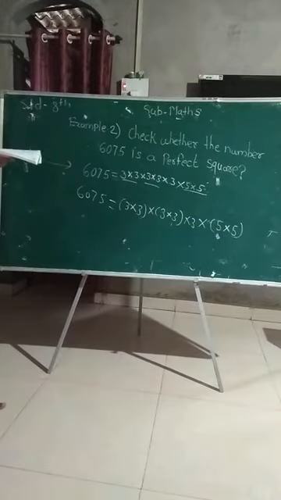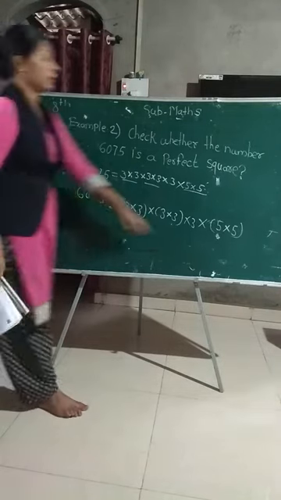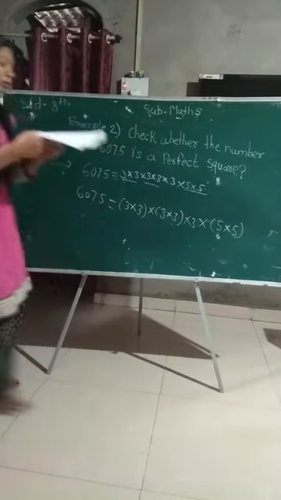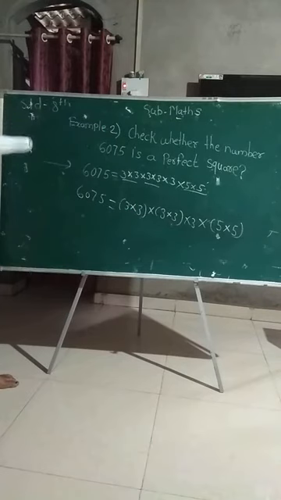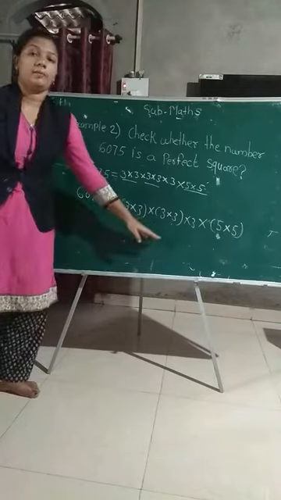We can see that after grouping the pairs of equal prime factors, 3 is left over. Here 3 is left after grouping. Thus we can say that 6075 is not a perfect square because 3 is remaining here.